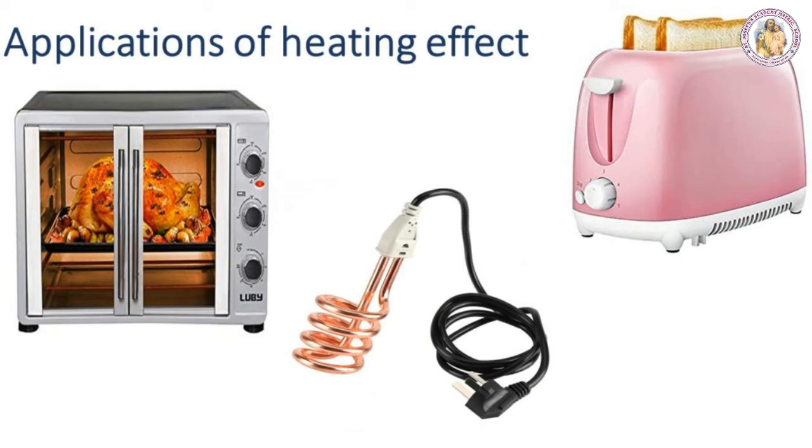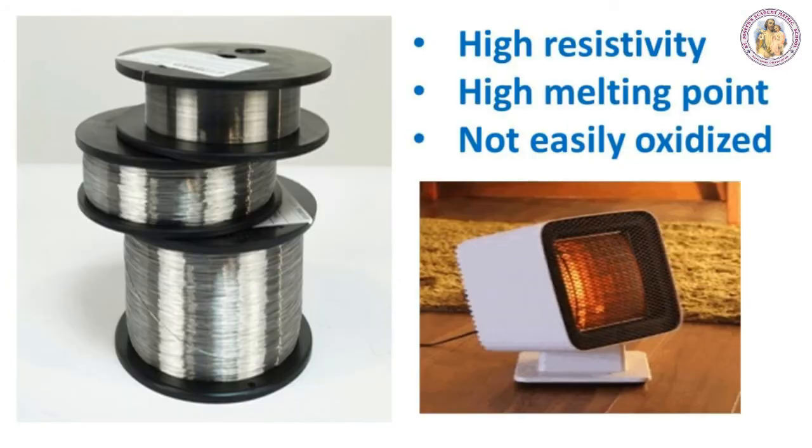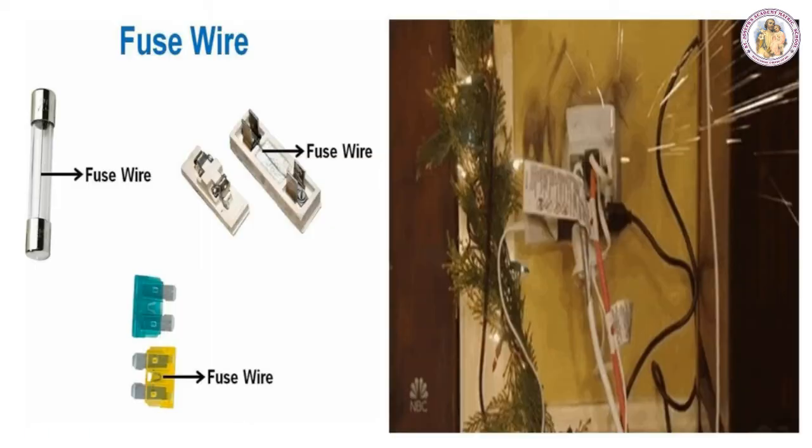The heating effect of electric current is used in many home appliances such as electric iron, electric toaster, electric oven, electric heater, geyser, etc. In these appliances, nichrome, which is an alloy of nickel and chromium, is used as the heating element. Why? Because it has high resistivity, it has a high melting point, and it is not easily oxidized.